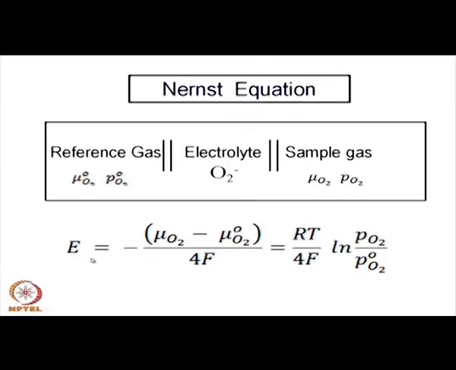So, that is the basic principle: by measuring the EMF and correlating it to the partial pressure of oxygen by this formula, all others being known, one can find out what the PO2 is on this side. This is the reference and this is the sample variable.